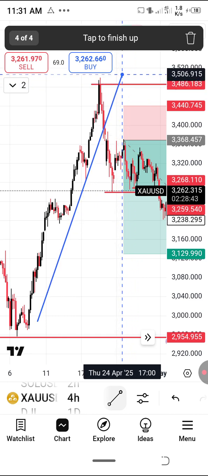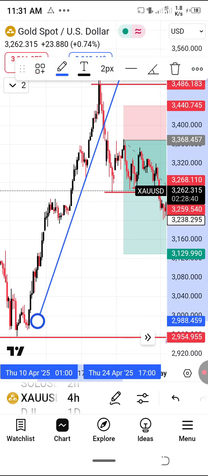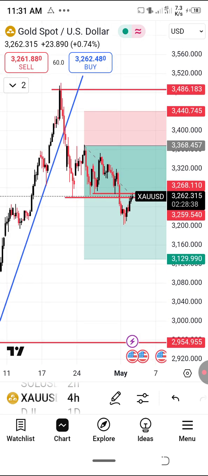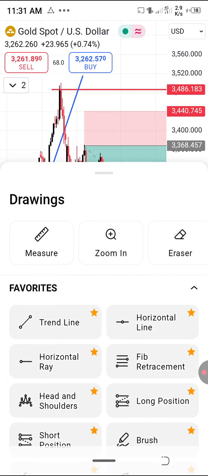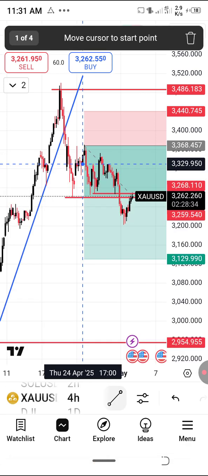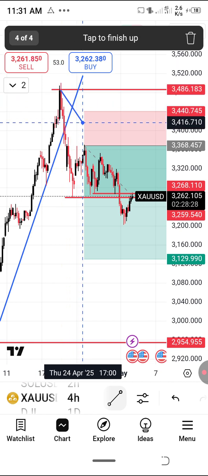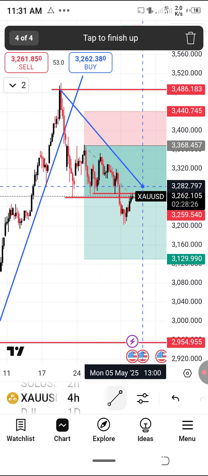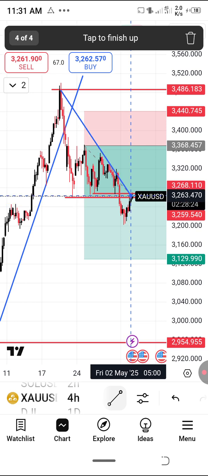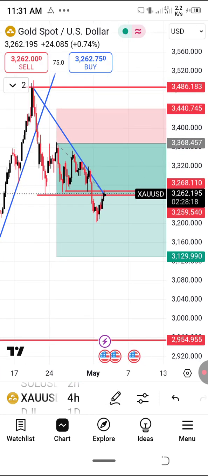So I guess this is the current movement from the 4 hour time frame. As you can clearly see, last week, this is the movement. This is the movement from Monday to this point. This is the movement from this point.